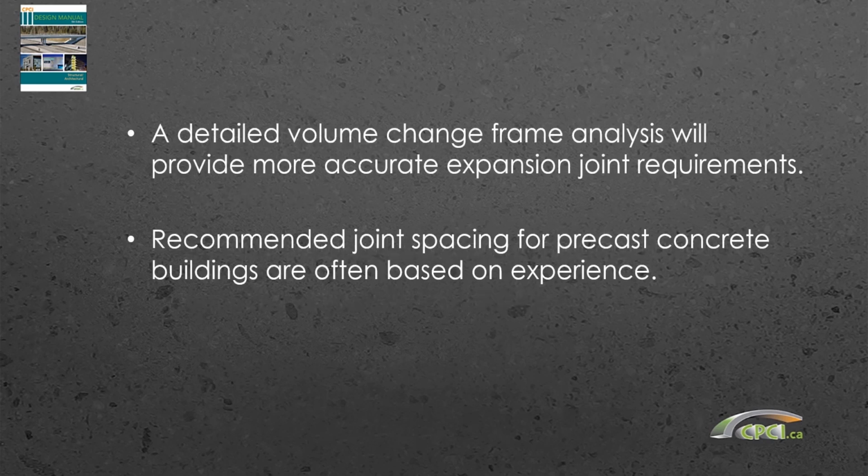A detailed volume change frame analysis will provide the best and most accurate expansion joint requirements. So you can analyze your structures and see if the stresses, moments and shears being developed due to these effects are acceptable with respect to your design or not. And obviously the last bullet point, spacing here.